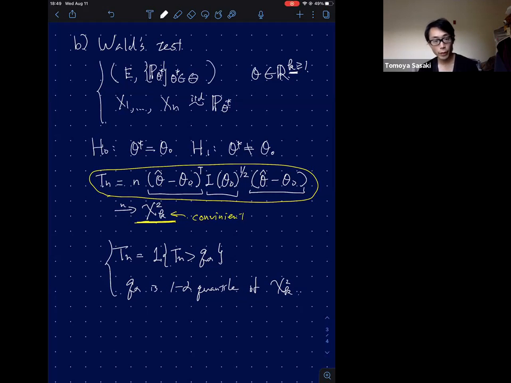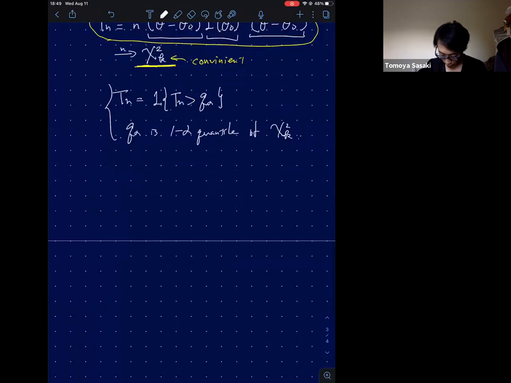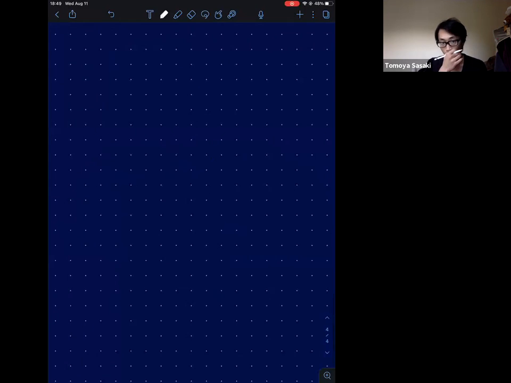This is an example where we apply the framework that we just covered in part A. Now I'm going to show you another example where we avoid using q of alpha over 2 and instead stick to q of alpha to construct the test statistic. That hopefully answers Nicholas' question.